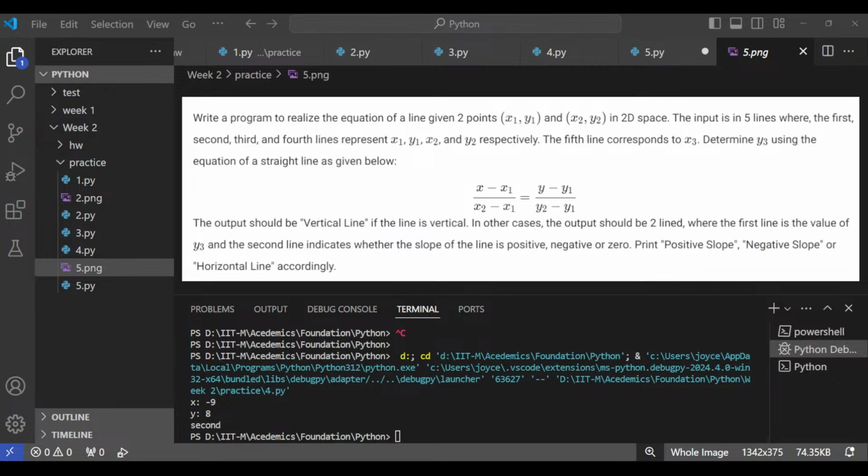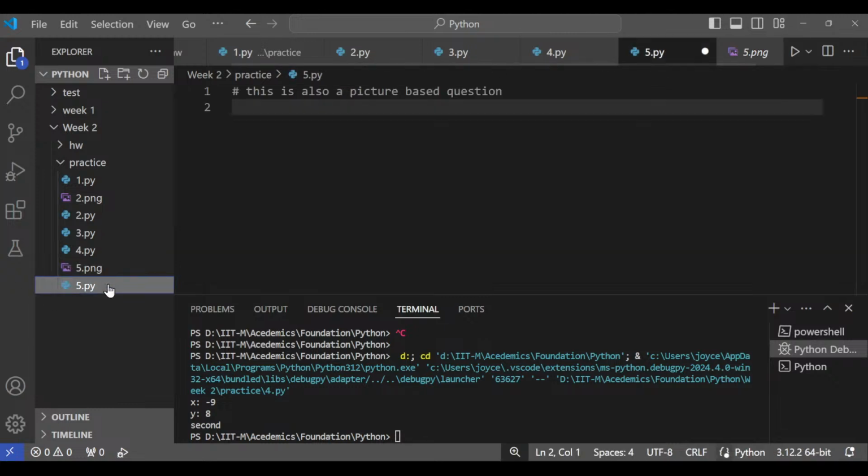Okay, let me read out some sample inputs. Well enough, let us start coding this.